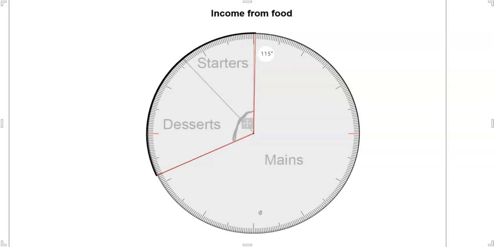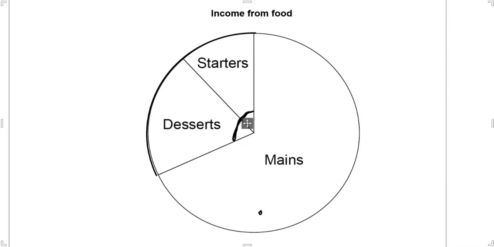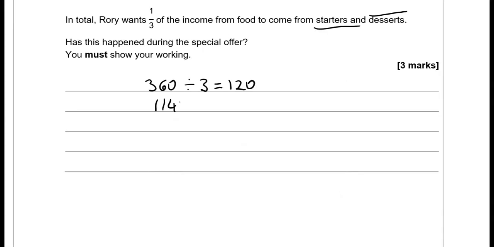So that's 114 degrees altogether for both of them. So 114 degrees, not 120 degrees. So the answer is no.